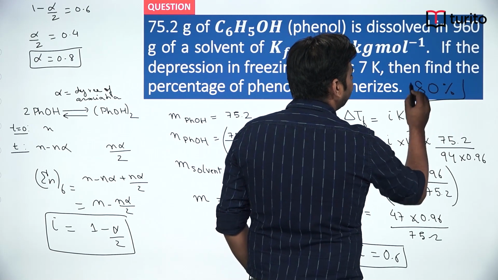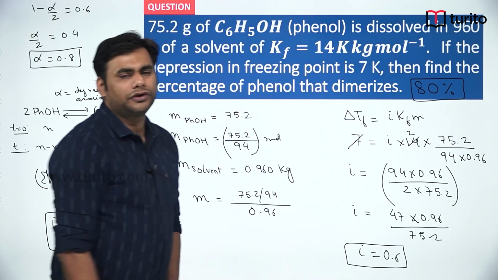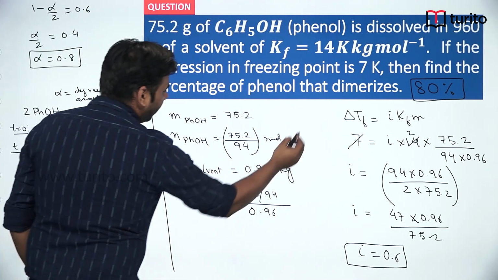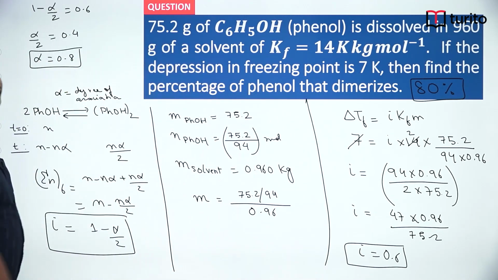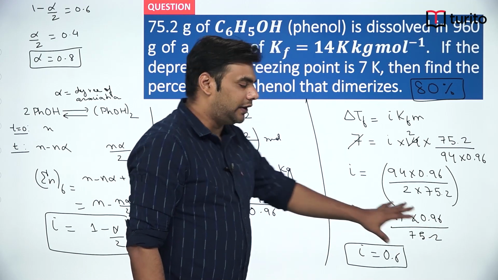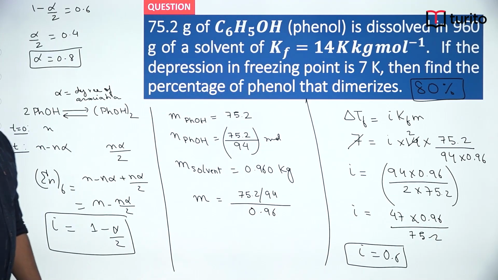So this can be a very important question for JEE Advanced. Just a few steps of calculation are required and we'll get the answer. There was just a calculation involved over here. If you have done this calculation right, everything is very easy.